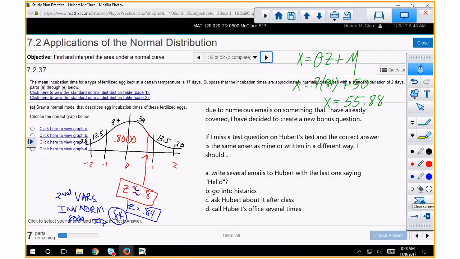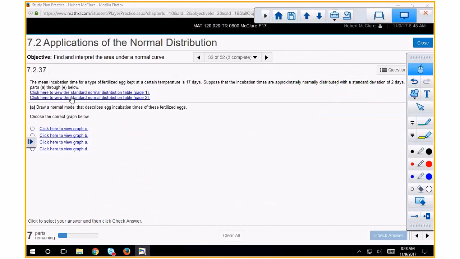Let's see what this one says. The mean incubation time for a fertilized egg kept at a certain temperature is 17 days. Suppose that the times are approximately normally distributed with a standard deviation of 2 days. This question is not asking for a z-score or anything. It's based on the empirical rule.